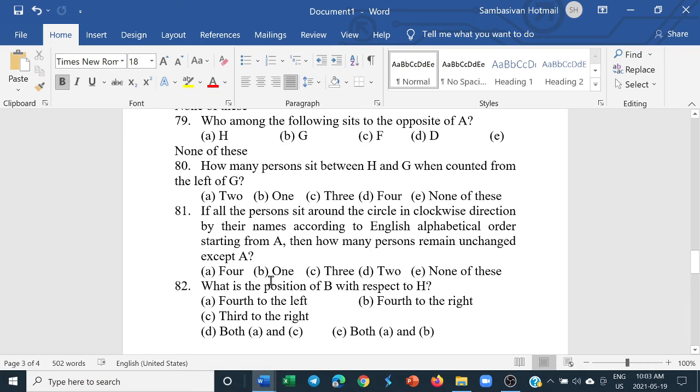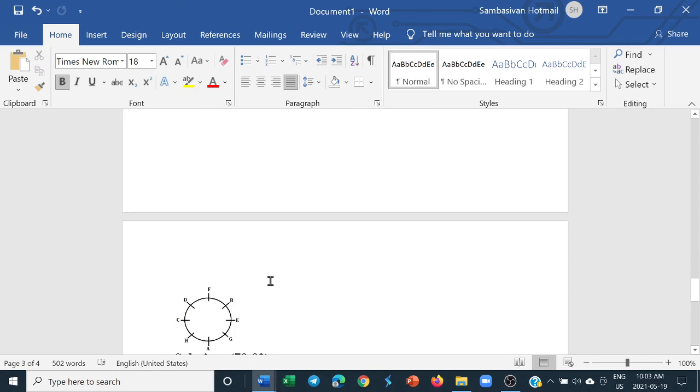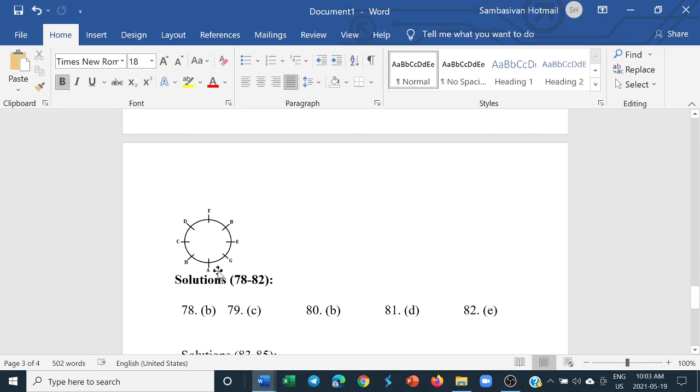If all the persons sit around a circle in clockwise direction by their names, according to the alphabetical start from A, then how many persons remain unchanged except A? So that means here A, B, C remains unchanged, D remains unchanged, E, F, G. So only two people.